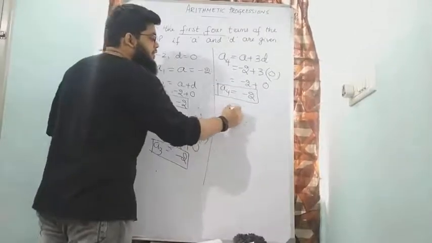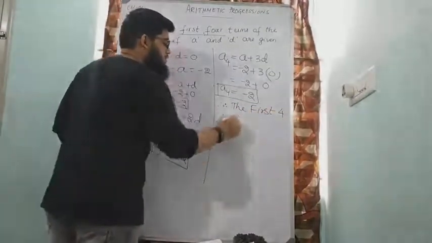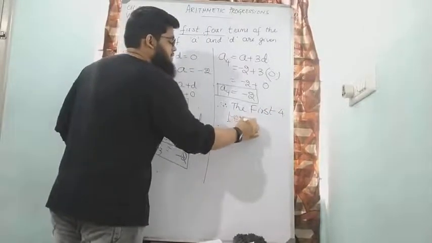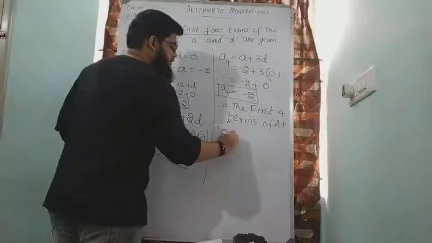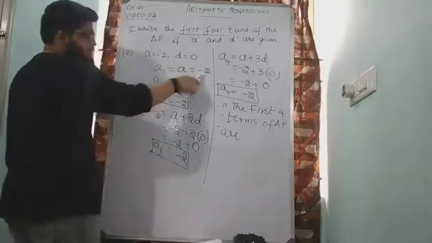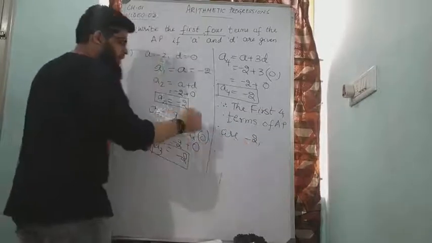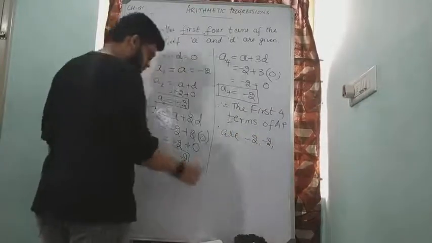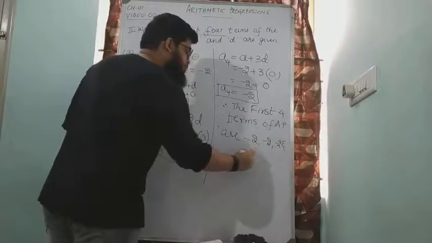Therefore, the first four terms of AP are, what are the first four terms? -2 is our first value. Second value is -2, third value is also -2, and fourth value is also -2.